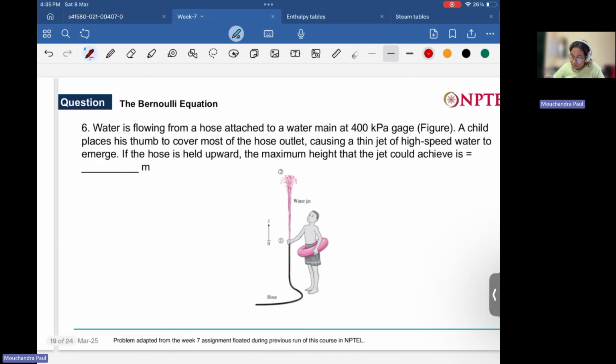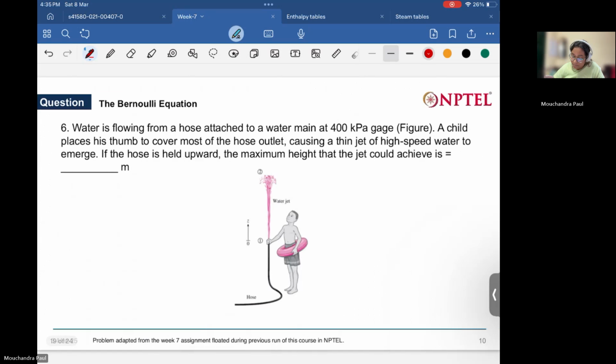to the next question. This is a very simple equation that discusses the usage of Bernoulli equation. I'm sure you are familiar with Bernoulli equation from the lectures.